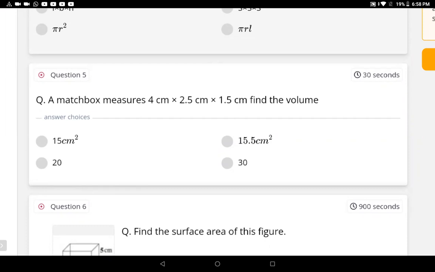15 centimeters square, A. How can 2.5 be written? 2.5 into 4 is 10, and 10 into 1.5 is 15. So 15 centimeters square. Children, you just see, 2.5 can be written as 25 by 10.